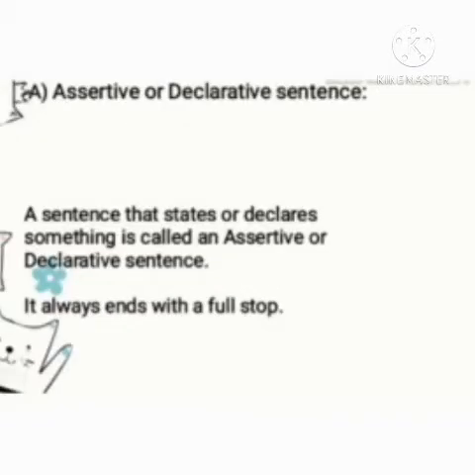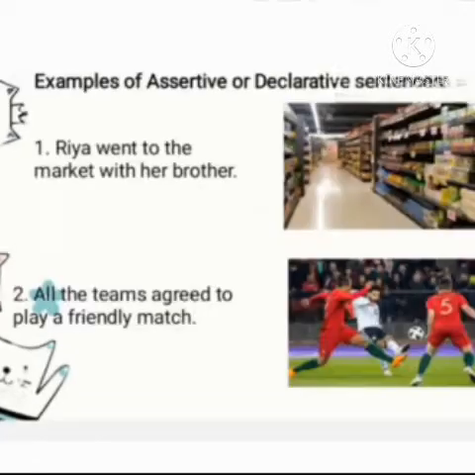A sentence that states or declares something is called an assertive or declarative sentence. It always ends with a full stop. For example, Ria went to the market with her brother. All the teams agreed to play a friendly match.